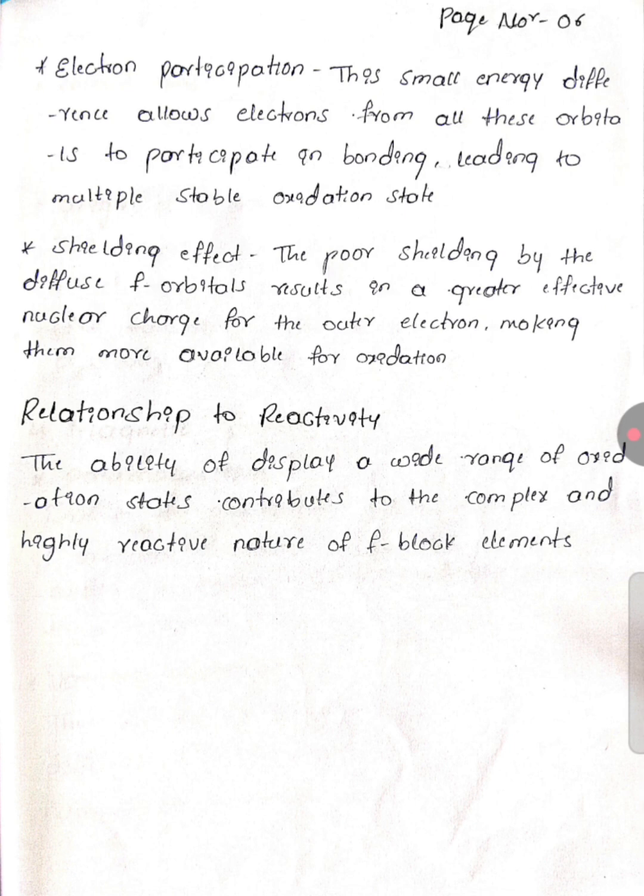Shielding effect: the poor shielding by the diffuse f orbitals results in a greater effective nuclear charge for the outer electrons, making them more available for oxidation. Relationship to reactivity: the ability to display a wide range of oxidation states contributes to the complex and highly reactive nature of F block elements.